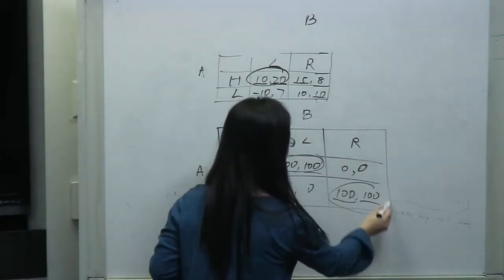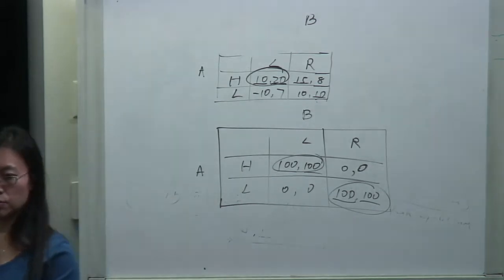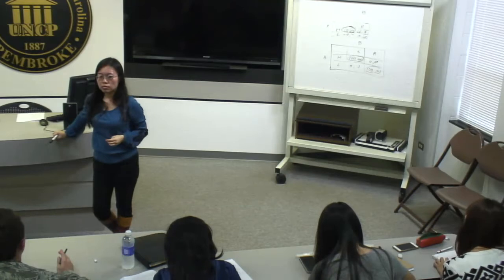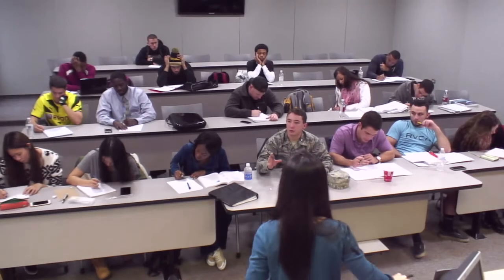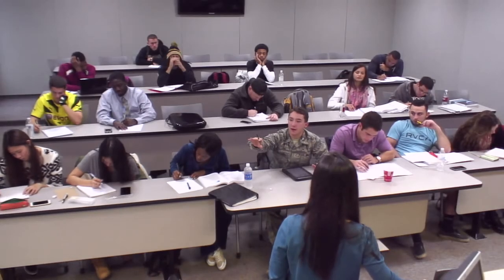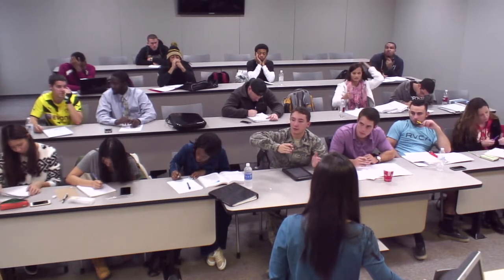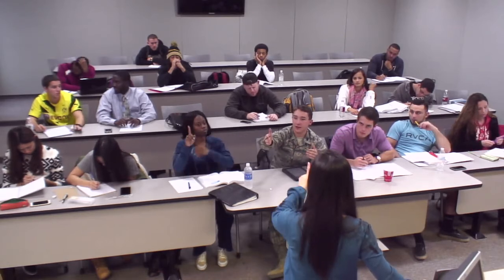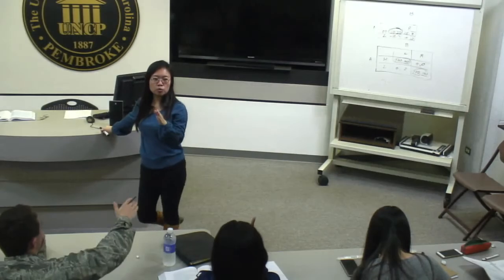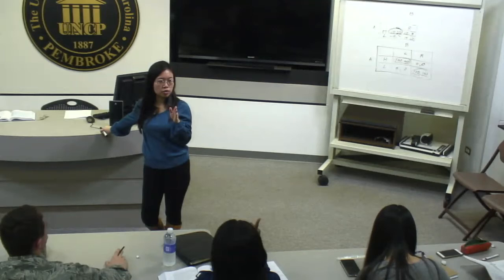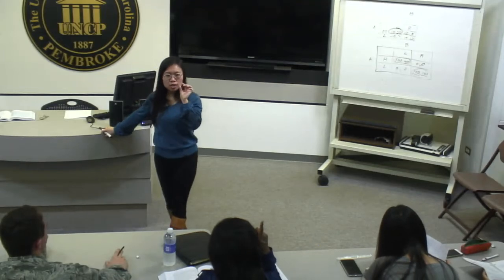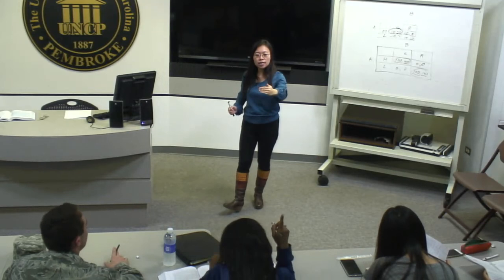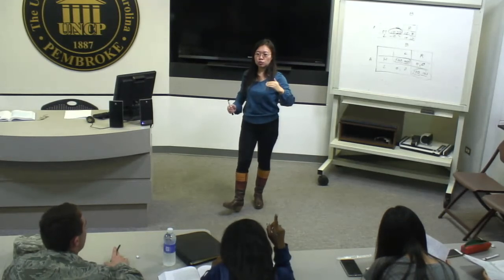Is it Nash? Okay, so Nash equilibrium is when they both have their specific way of doing it, right? The definition of Nash equilibrium is important. Let me repeat it. If a strategy profile is a Nash equilibrium, that means given the other player's strategy, each player is doing his best.